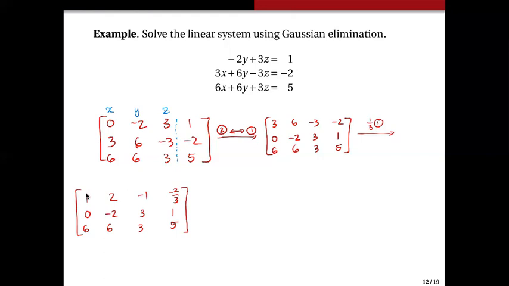Step 4, we now have a leading one here. We want to make all the entries below this leading one zeros. This is already 0. So we'll just replace now the third row. And to do that, we apply elementary row operations. We'll now change row 3 by row 3 minus 6 times row 1.